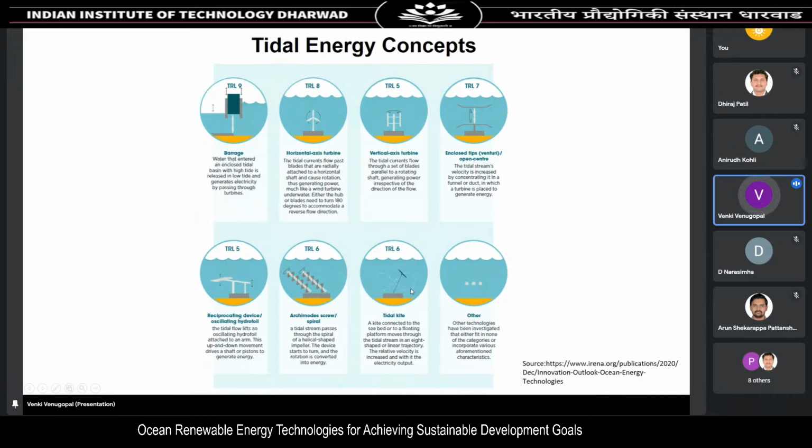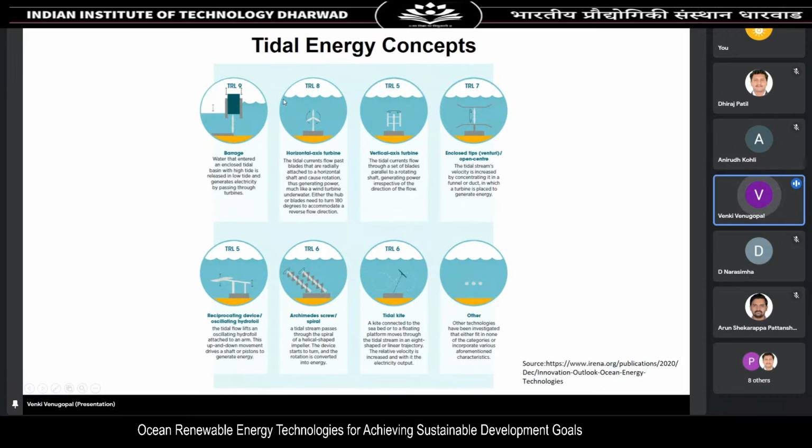This is similar to the kite we played with when we were kids. When you put a kite underwater, in the tidal current, it makes a rotation, something like a figure 8. And that is used to rotate a generator, and finally it produces electricity. And there are other concepts.